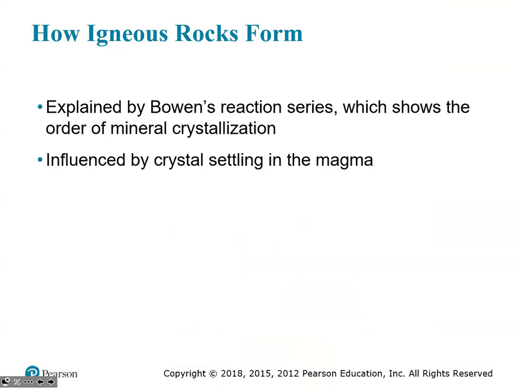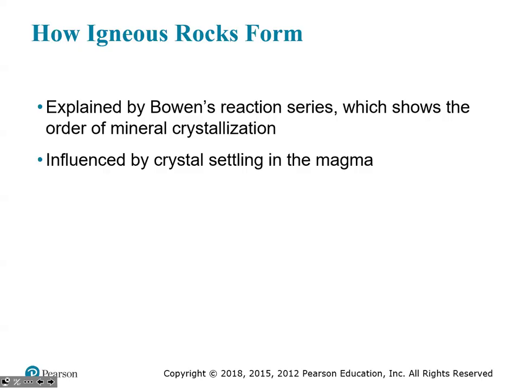To understand why we get these different types, we can look at what's called Bowen's reaction series, which is about the order in which various minerals crystallize out. And this leads to different magma temperatures crystallizing out different minerals and thus forming different rocks.